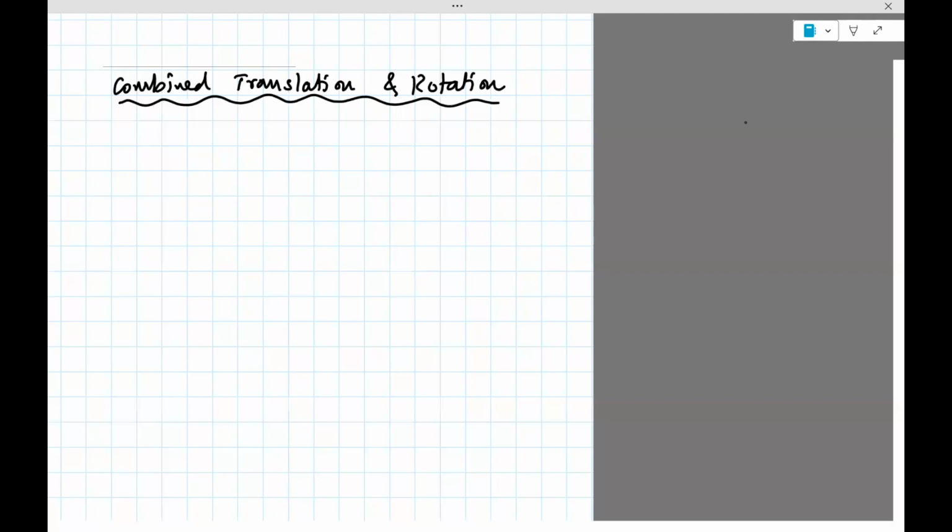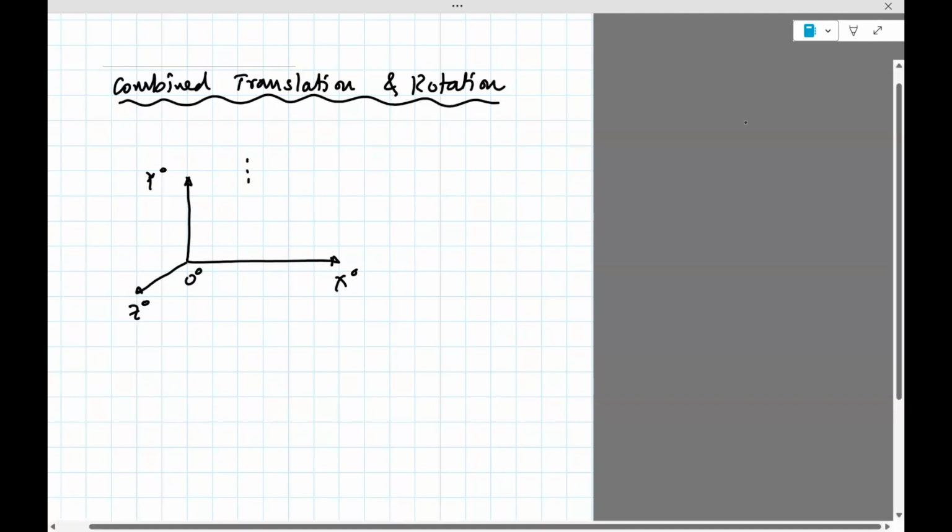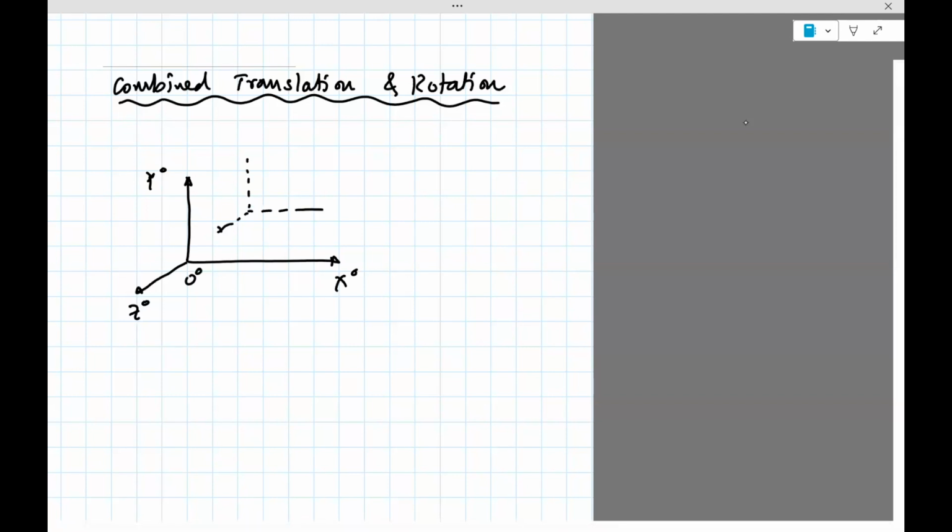So here we have our world frame, which is fixed. I'm just going to create a temporary frame, which is a translated frame. Once we translate it, this will be some temporary frame.